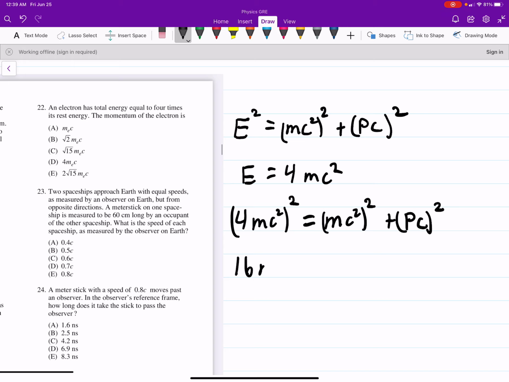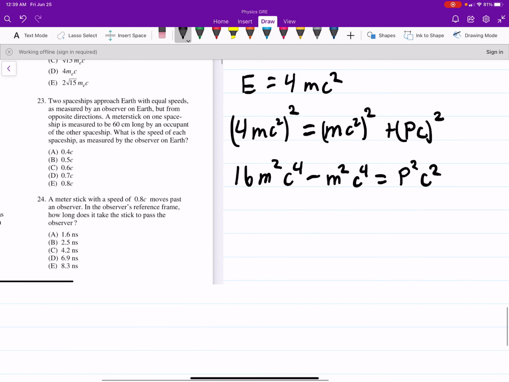So we have 16 m squared c to the 4th minus m squared c to the 4th equals p squared c squared. 15 m squared c to the 4th equals p squared c squared. Let's see, that can divide out.